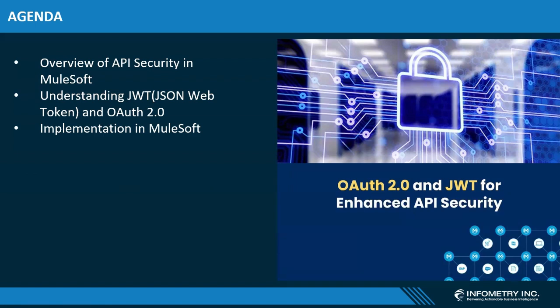Implementing OAuth 2 and JWT is streamlined through the Anypoint Platform. You can configure OAuth 2 policies directly in API Manager, which enforces token validation and access controls across APIs. The JWT validation policy allows MuleSoft to verify the integrity of JWT tokens.